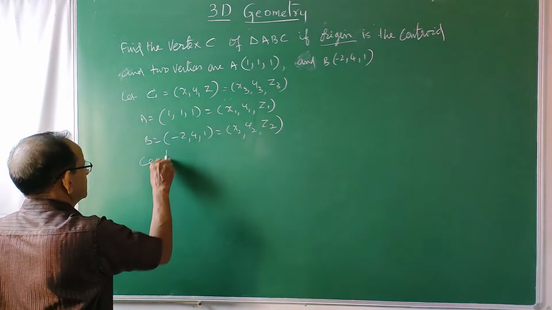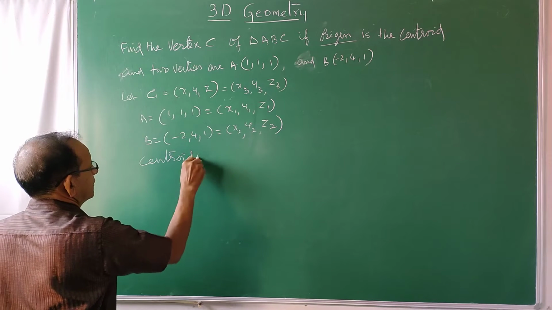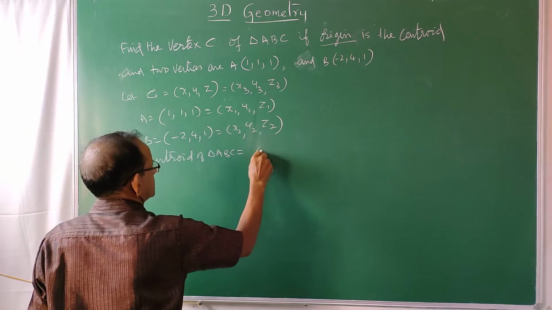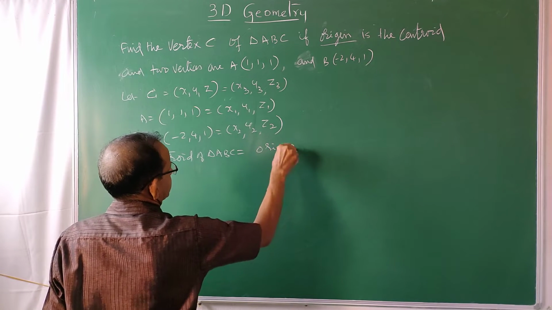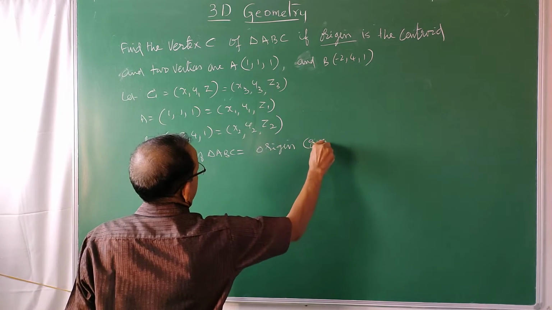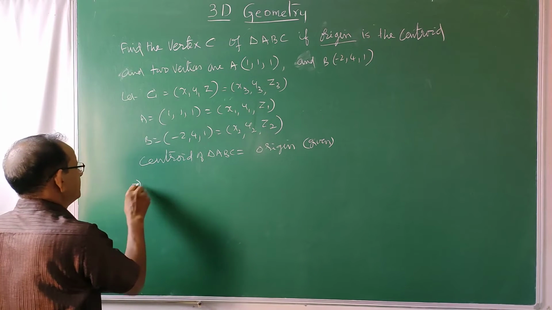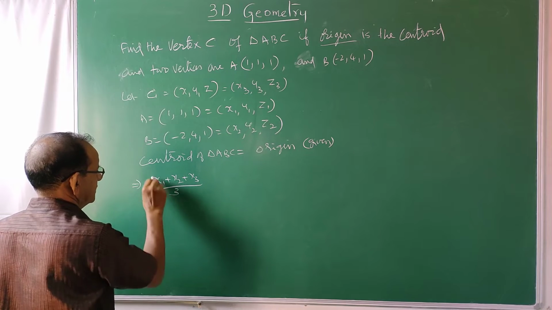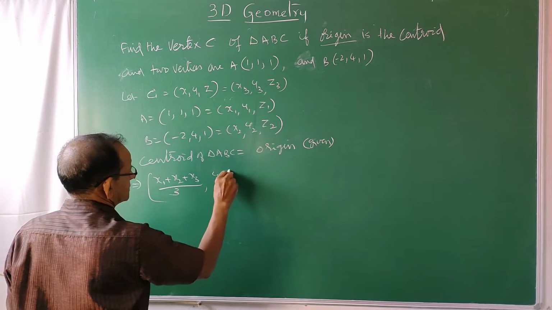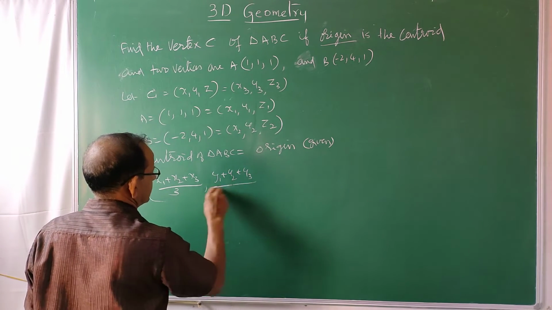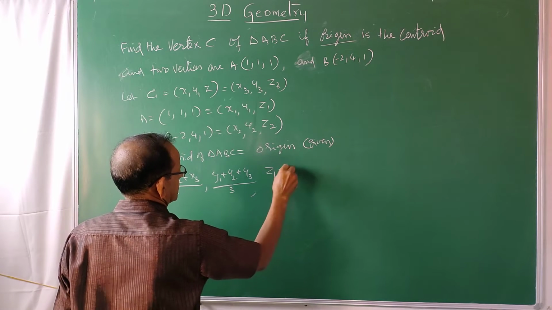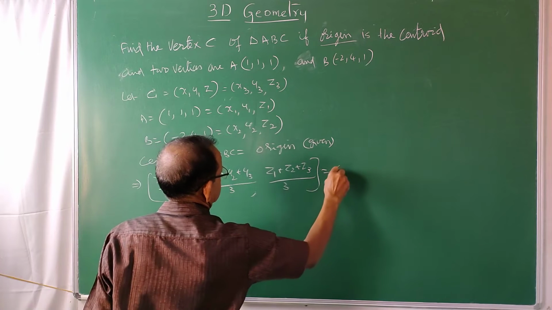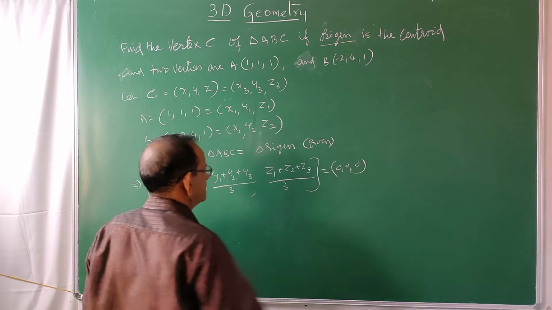Centroid of triangle ABC is equal to origin. It is given. That implies (x1 plus x2 plus x3) by 3, (y1 plus y2 plus y3) by 3, (z1 plus z2 plus z3) by 3 is equal to (0, 0, 0).